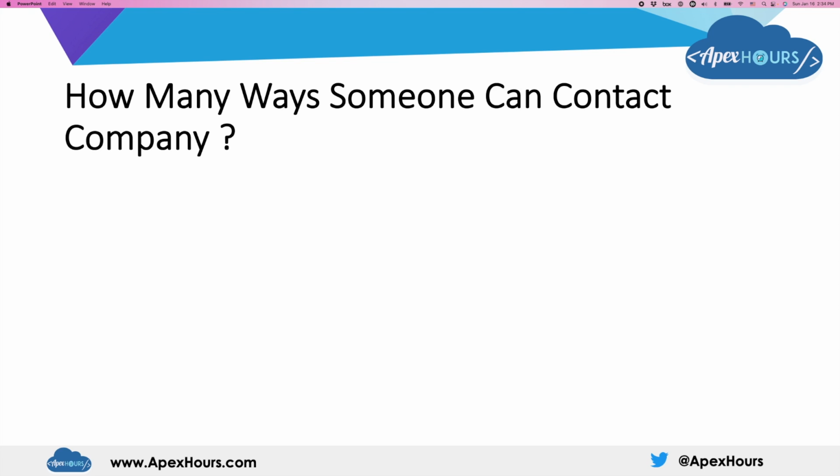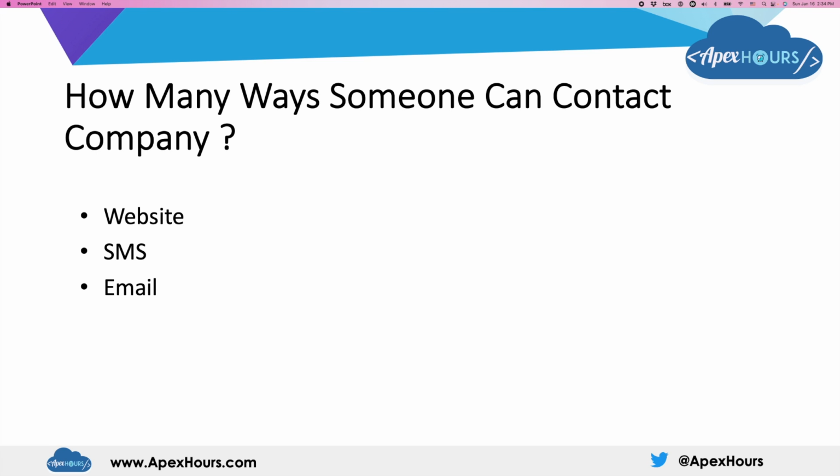Considering that, if I ask how many ways someone can connect to a company, I'd say pause the video, think about it, and see if you are able to gather some of them. First of all is definitely a website. You go on the website, you click on contact us, and that can bring you a lot of options. That could be chat, that could be FAQs, etc. The next channel is text messages.